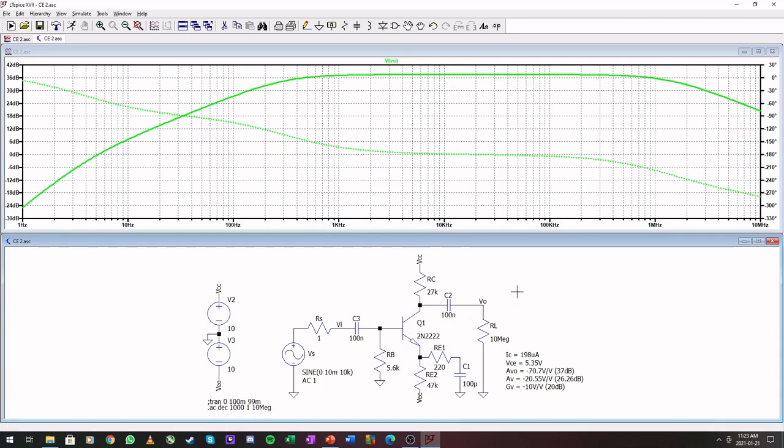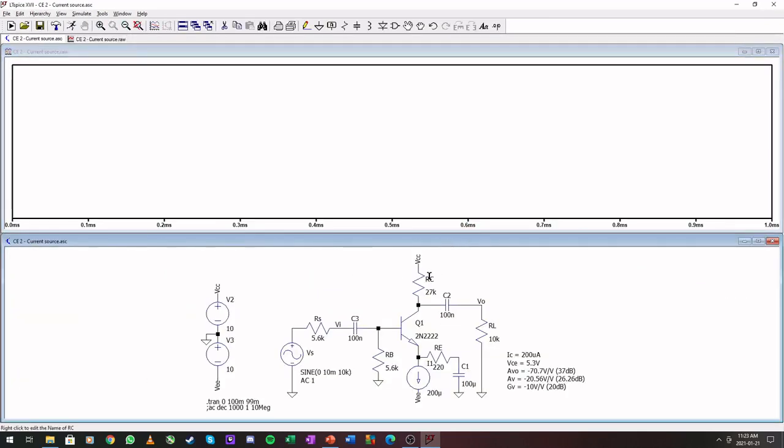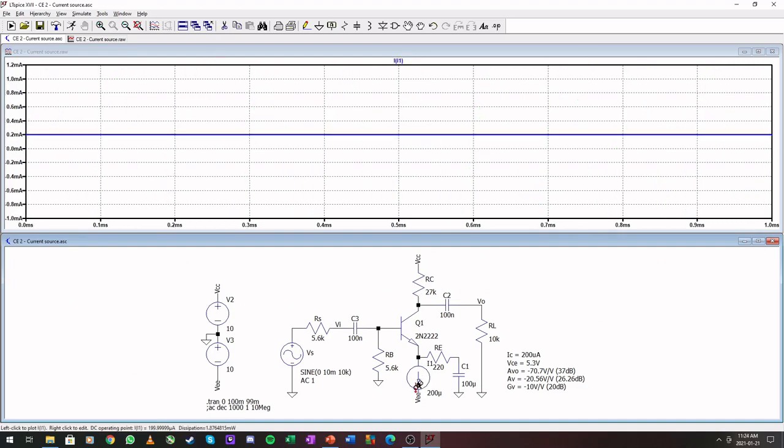Let's go over to the last one and then we can do common base amplifiers. So here we have our current source problem. Running this, roughly close to 200 microamps. Okay, so a little bit that's not present here is what's coming from the base side, because this is technically the emitter and we're always doing this emitter and collector roughly the same kind of approach.